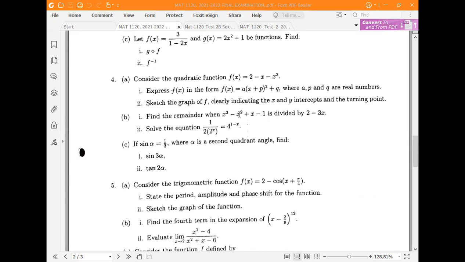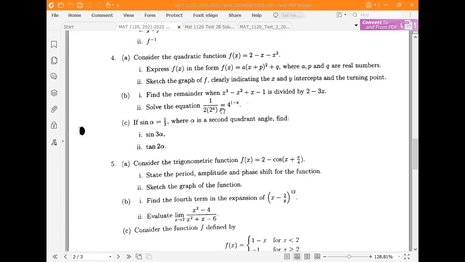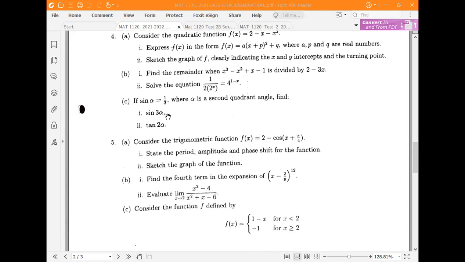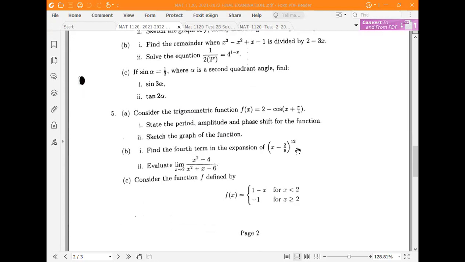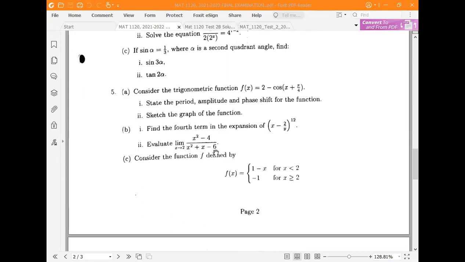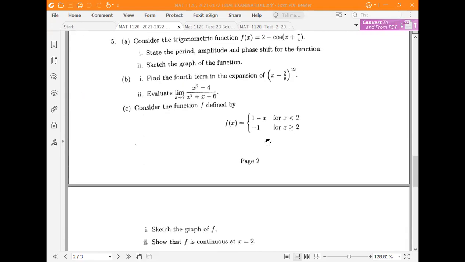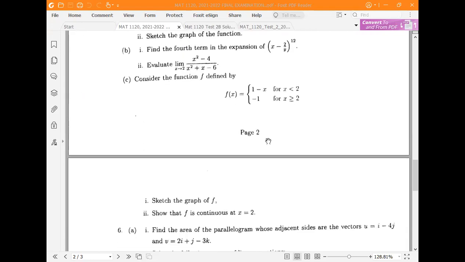Just a tip on polynomial, synthetic division, equations of exponentials, trig, equation that involve triangles, the trig sketch, the binomial terms, the limit to a constant, and continuity of a piecewise function.